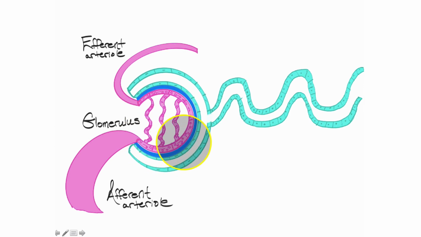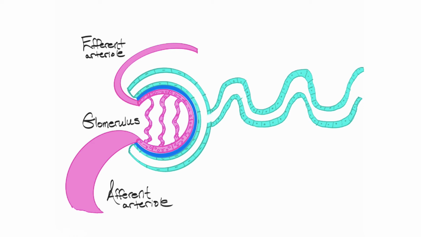By increasing blood flow to the area, we're going to increase plasma volume, which will increase the pressure and, by corollary, increase GFR. So an increase in GFR can be modified by vasoconstriction of the afferent arteriole. A decrease in GFR can be modified by vasodilation of the afferent arteriole.